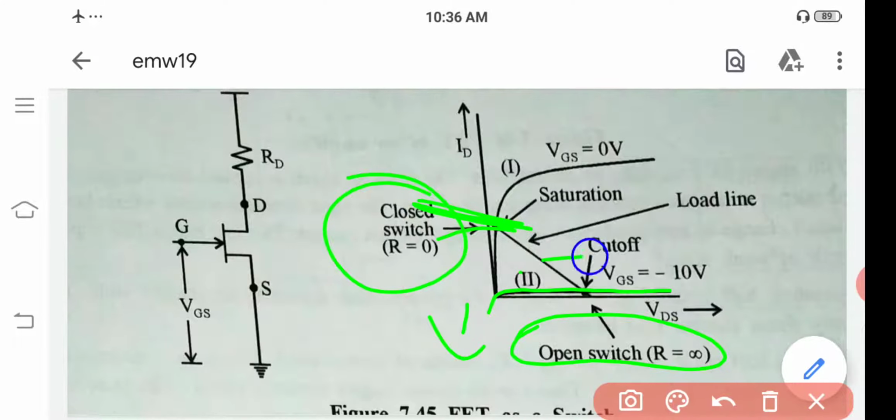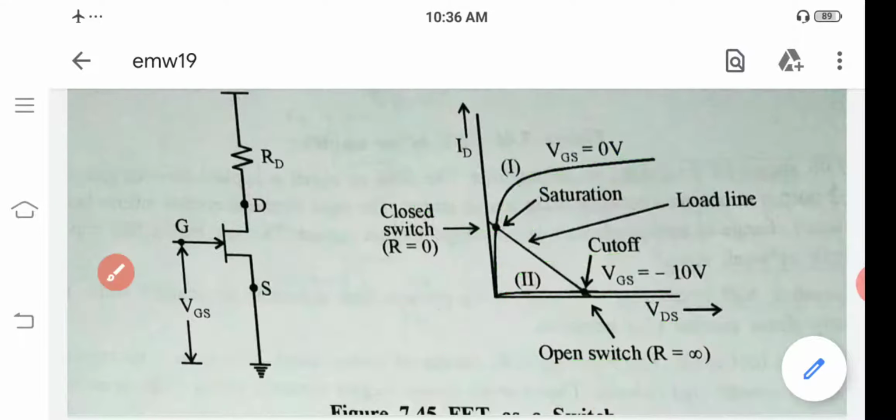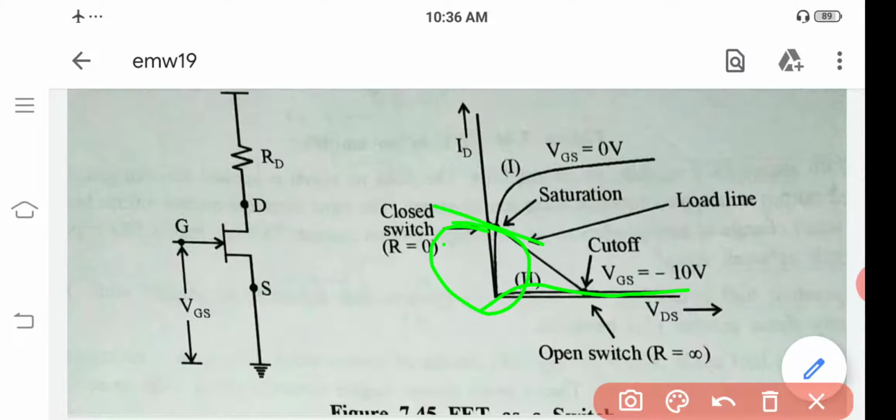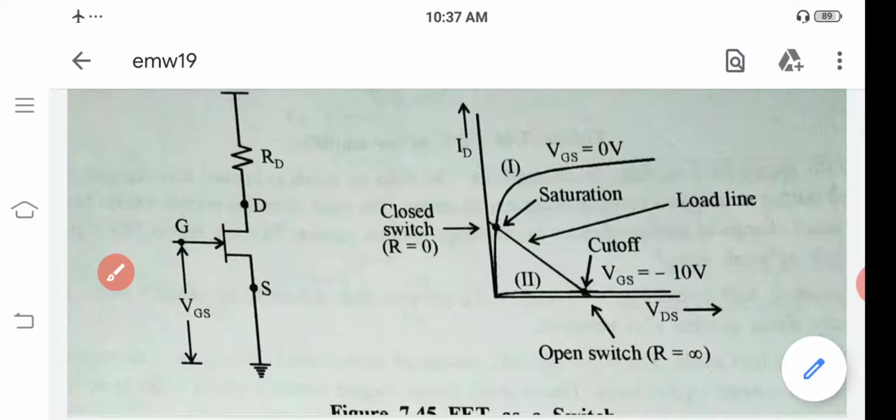This is the load line, and this is the characteristics of the MOSFET. In this mode it works in active mode, and this part and this part of the MOSFET work as a switch.